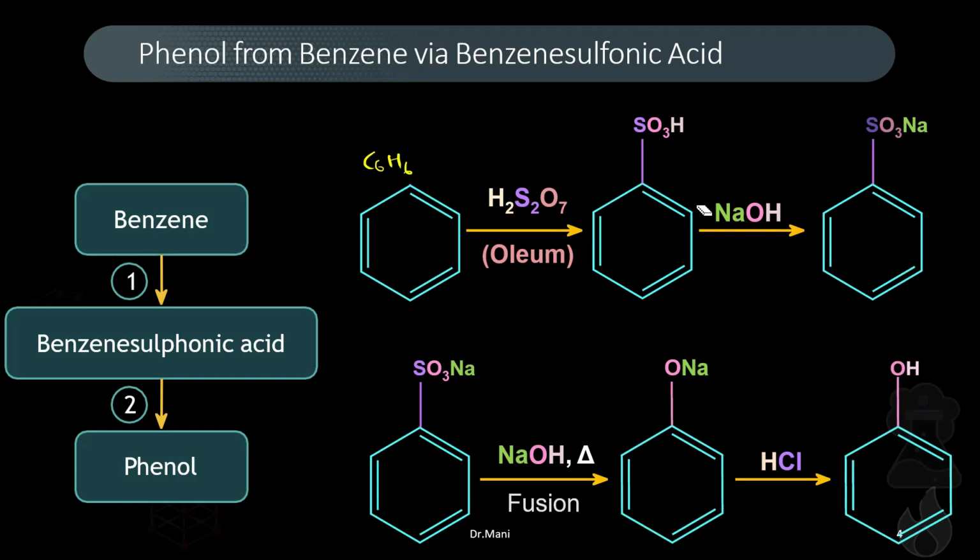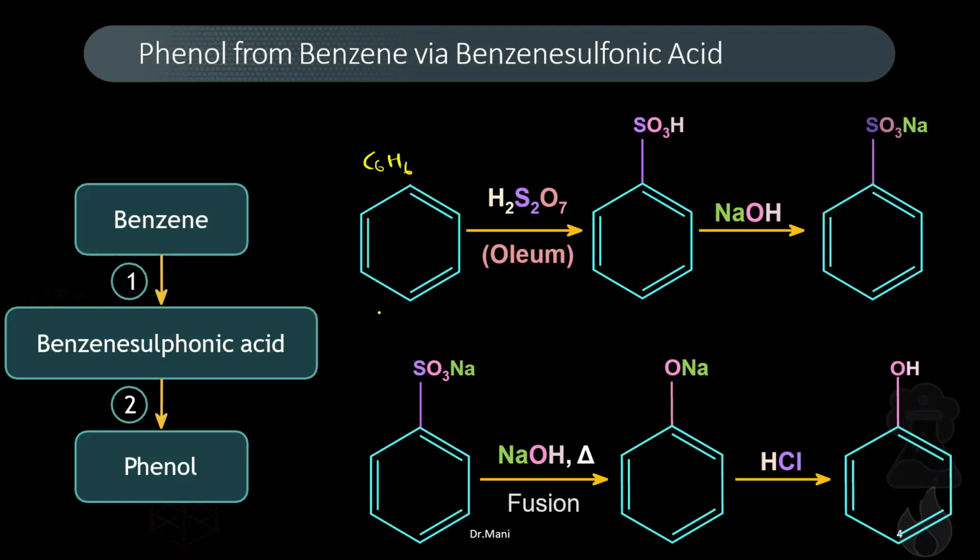Now this benzenosulfonic acid has to convert into the sodium benzenosulfonate by treating with the sodium hydroxide. Once you got this, now again you treat with the sodium hydroxide, and finally you will be getting the sodium phenoxide. Okay, sodium phenoxide. And you will be getting finally the phenol.